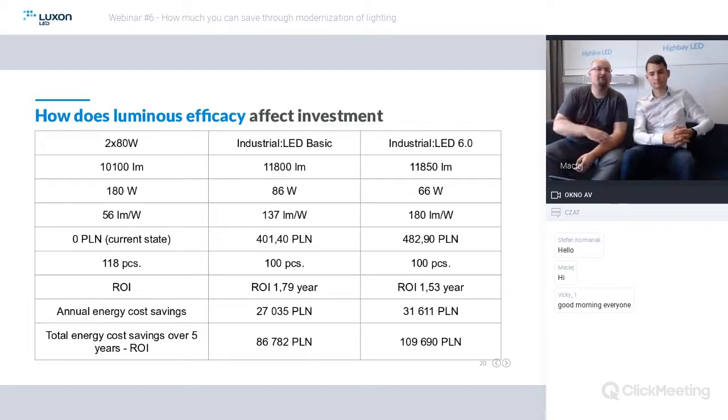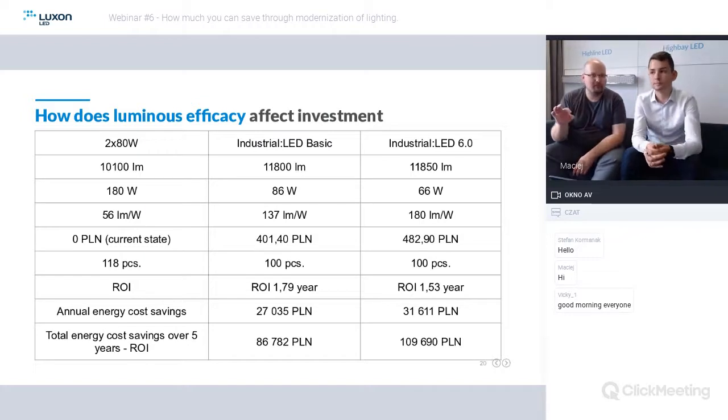We could decrease the number of luminaires to 100 pieces to achieve exactly the same light intensity on the work surface. Now, with the 100 pieces at the price of 401 PLN, we got an ROI of 1.79 years. And there are two other things to consider for that.